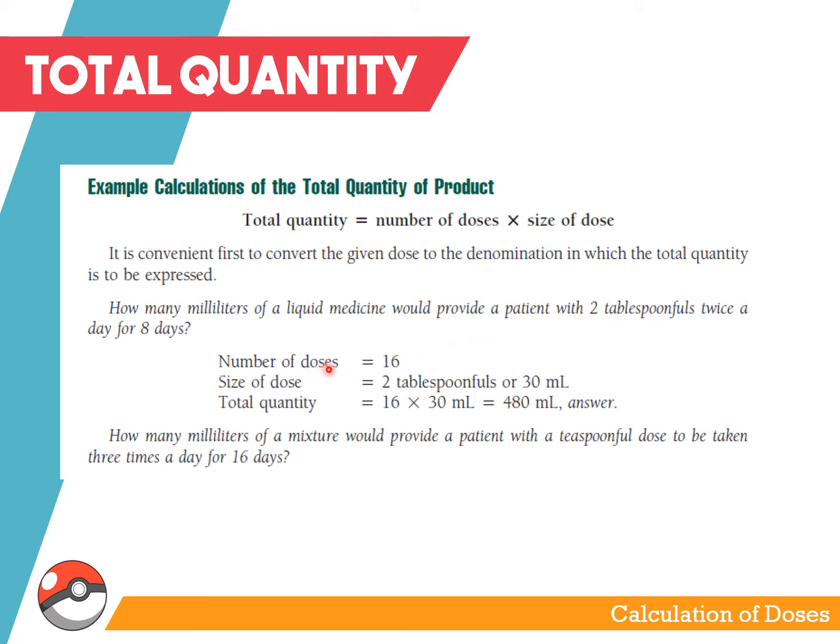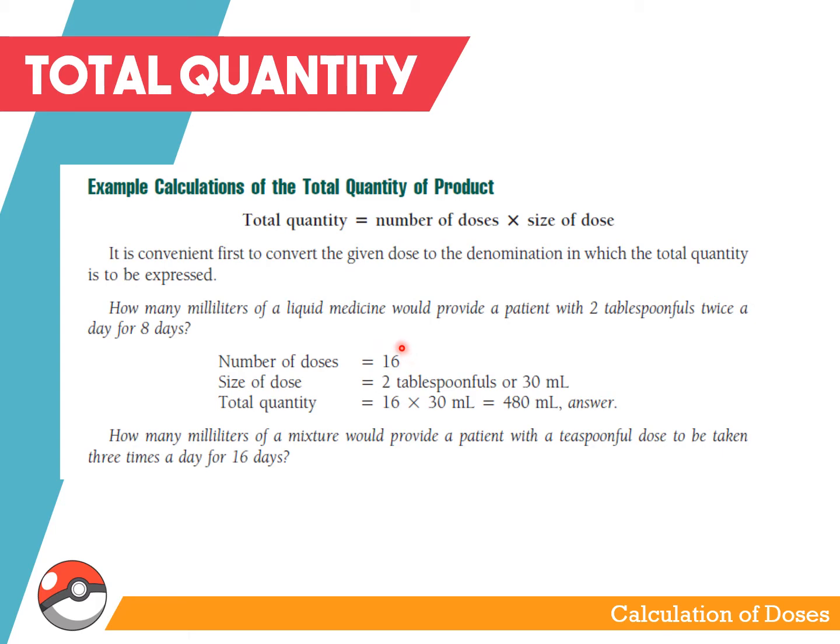So, the first thing we need to do is to identify or to compute for the number of doses. So, since it should be given for 8 days and twice at that, we need to multiply 8 by 2. So 8 times 2 is 16. So there will be a total of 16 doses.